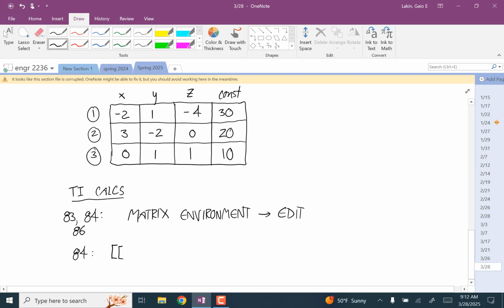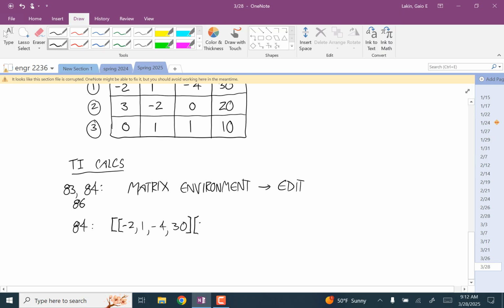So you could do this as -2, 1, -4, 30. Close the row bracket, start a new row bracket. Then 3, -2, 0, 20.